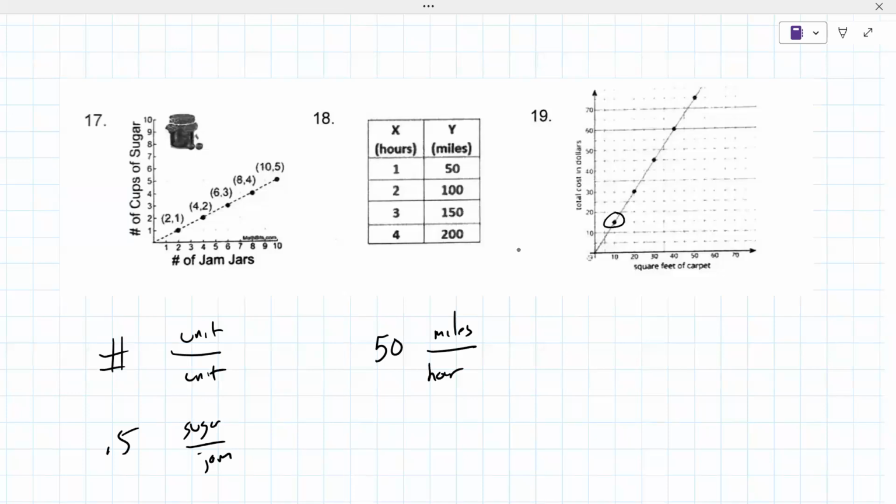Yeah, I am. So what's the y value over the x value?